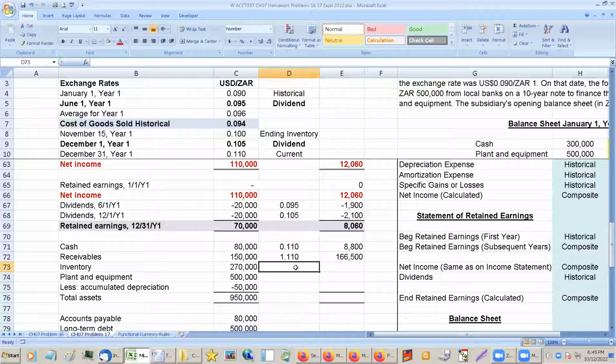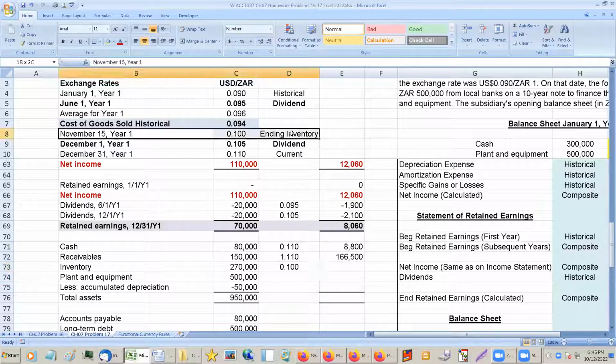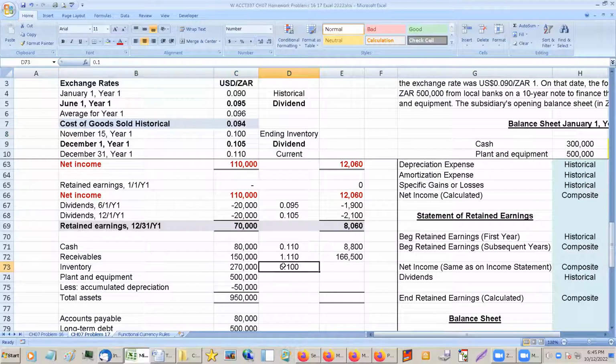Okay, inventory. Okay, so what do we put the inventory in at? Would it be 0.100? Yep. So what they're saying is that all the ending inventory came from a purchase on November 15th when it was this.